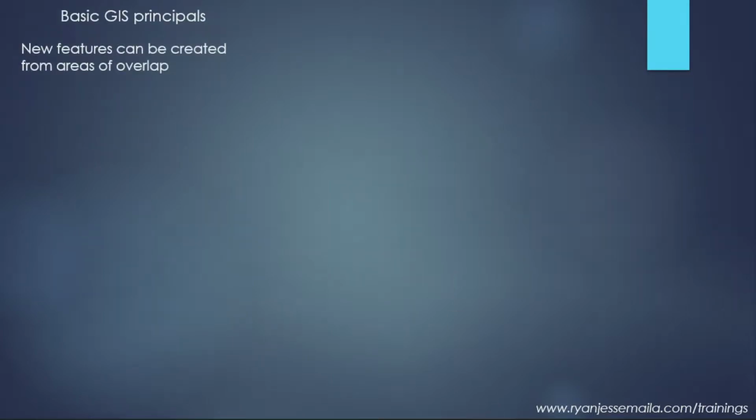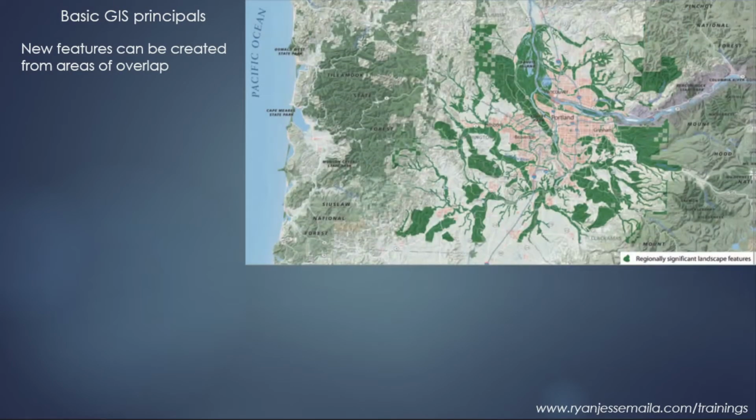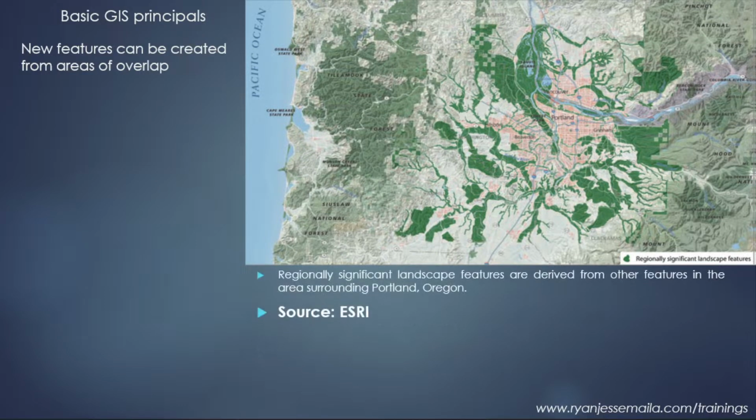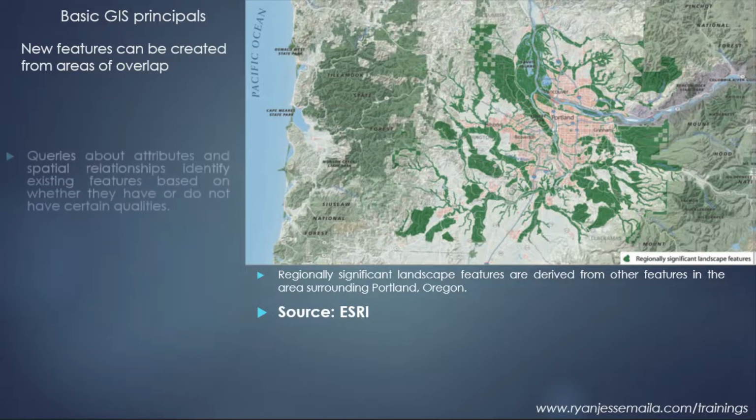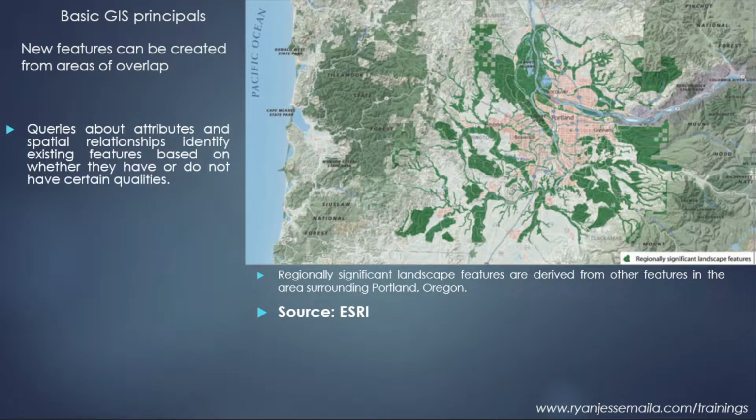So the other relationship is that new features can be created from layers of overlap. Regionally significant landscape features are derived from other features in the area surrounding Portland, Oregon. Queries about attributes and spatial relationships identify existing features based on whether they have or do not have certain qualities.